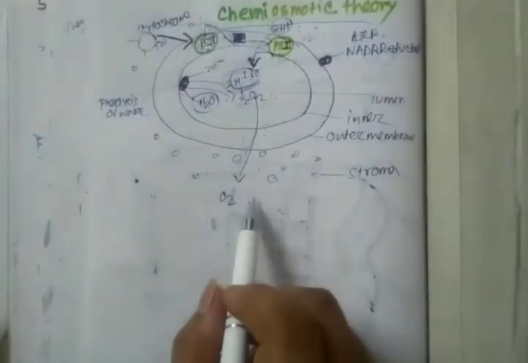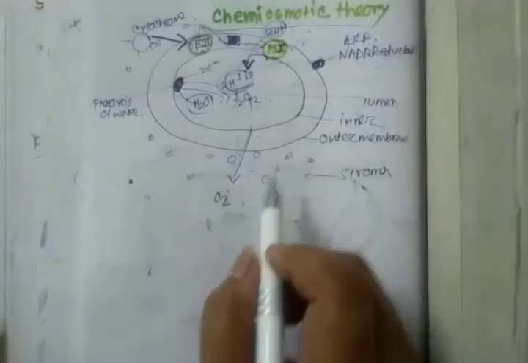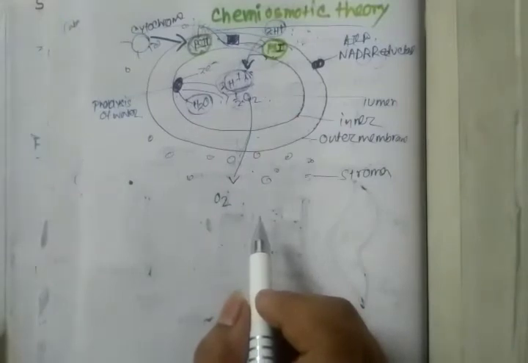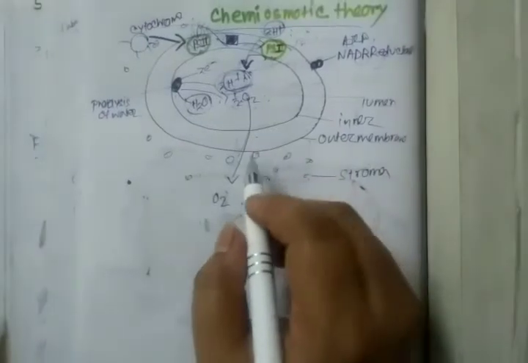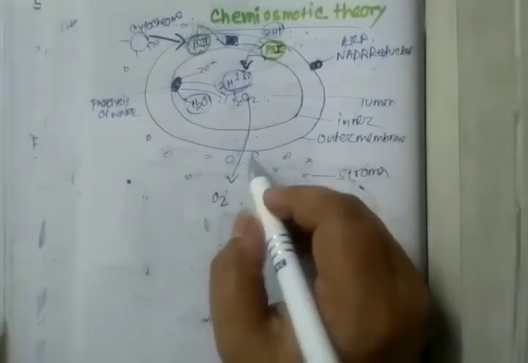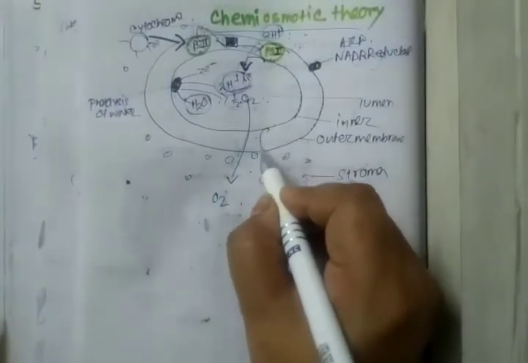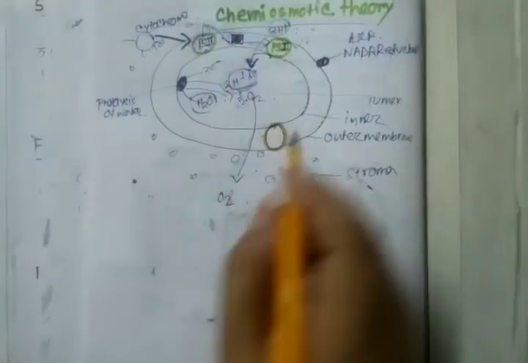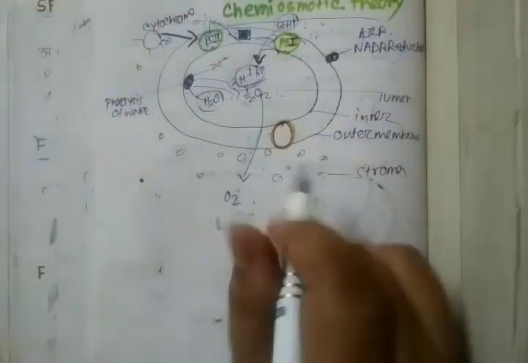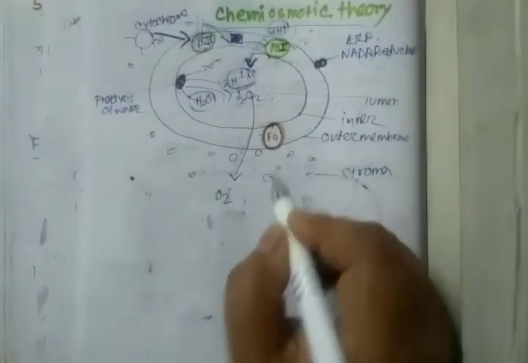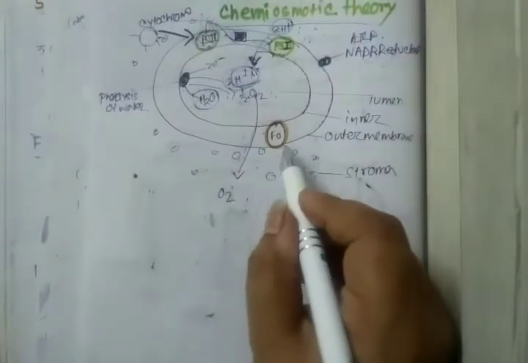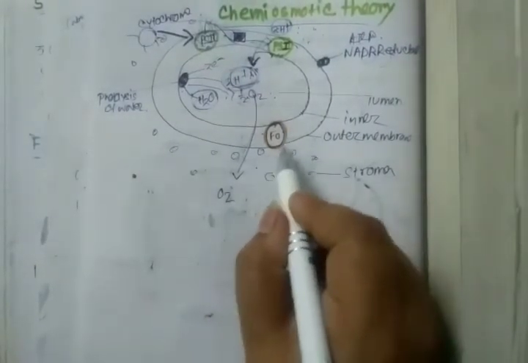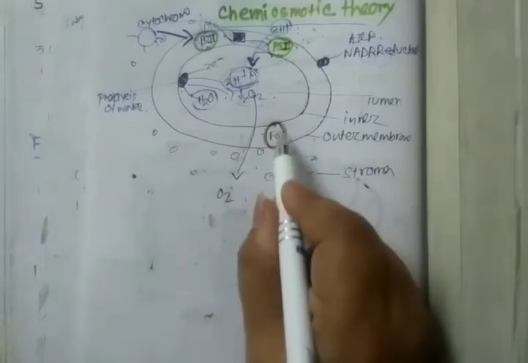They can come back only through certain particles. So I'm going to tell you what type of particle is here. Here is some type of protein present. Here is a protein present, and this is known as F0 particle, and this is the integral protein embedded in the membrane.